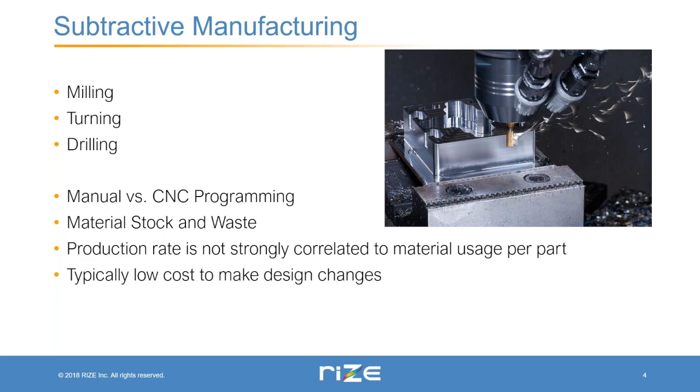So typically, if you need to make changes to the production of a part, it is not a very expensive operation. You can, if it's manual, just change the way that the operation is done, and if it's CNC programmed, typically you won't have to rewrite the whole program. You'll just have to add a portion to it to accommodate the new design changes.